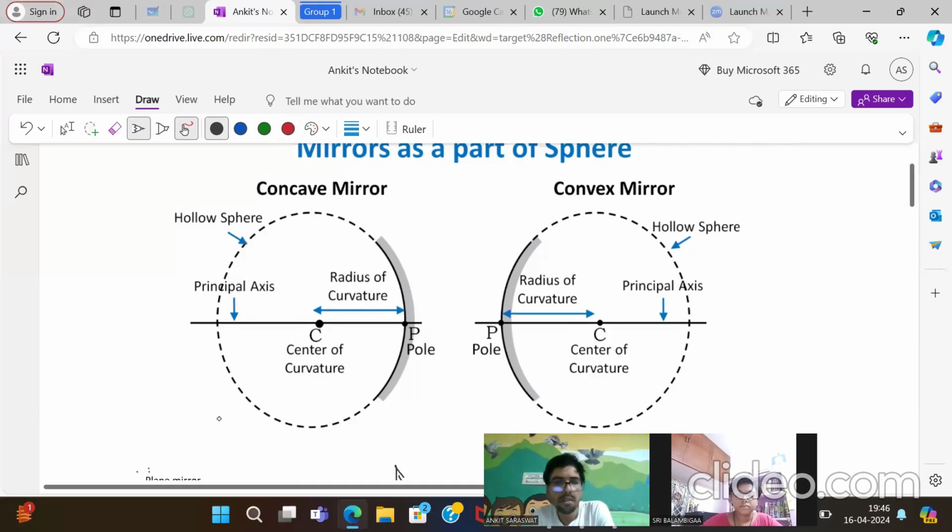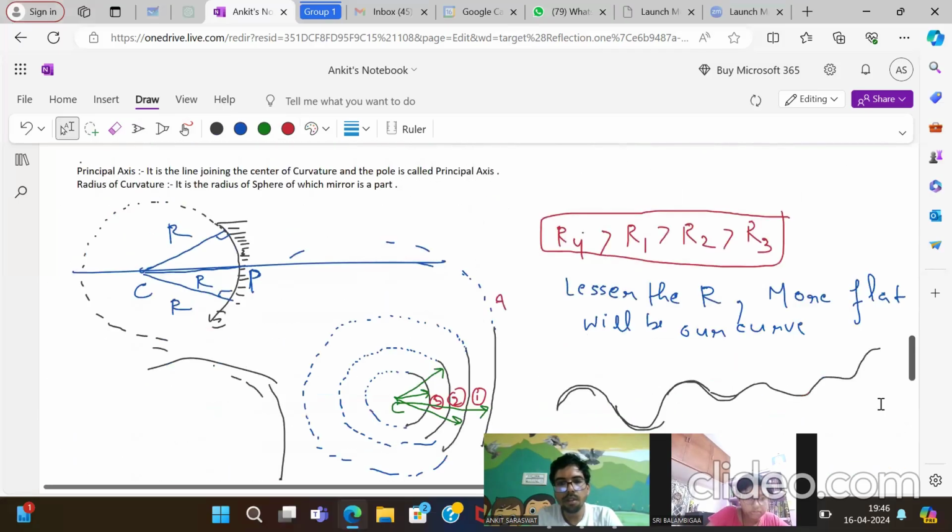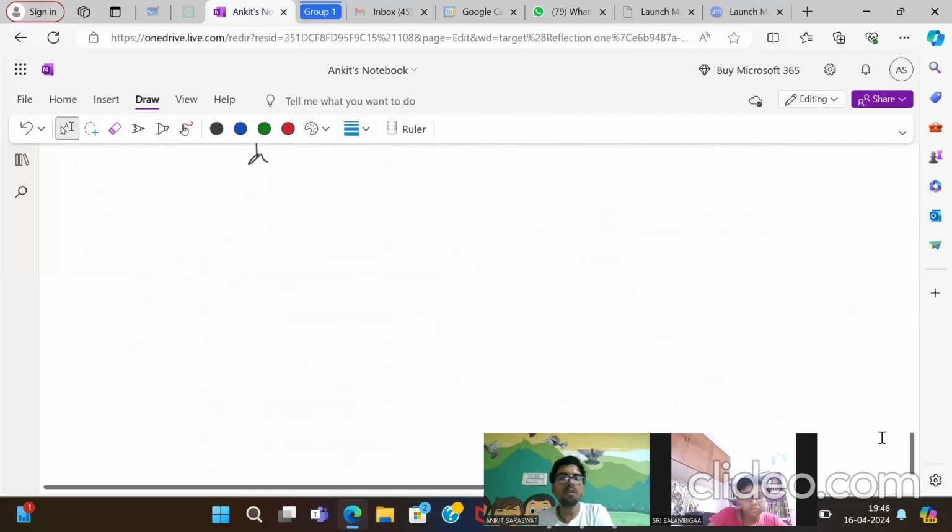Okay, now after this topic, and this is the terminology of what I have written till now. I have discussed terminology of spherical mirror. See, I just drew for concave mirror. Can you draw for convex? Convex mirror will be like that. Things will be the same except for the polished surface.